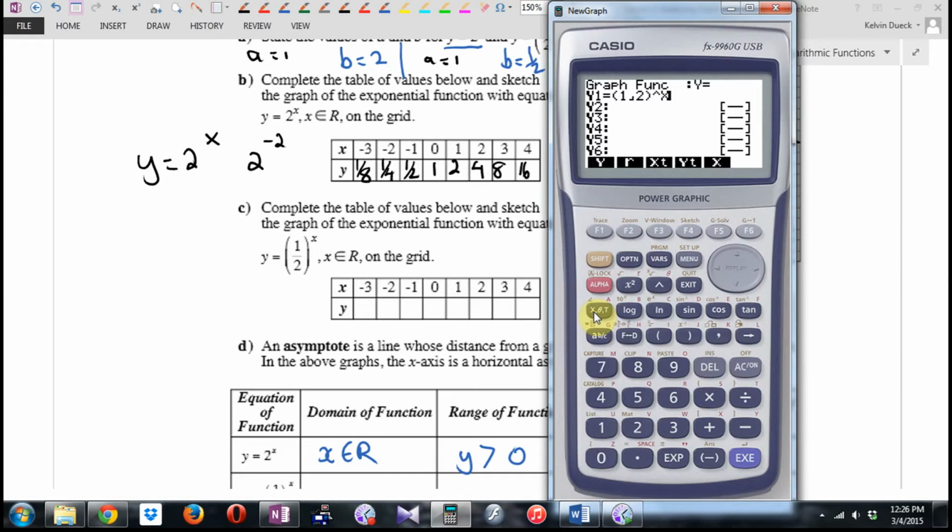How do I store the equation? Execute, or enter, the equivalent of the enter key on your keyboard. And hit draw. And I think you get this.